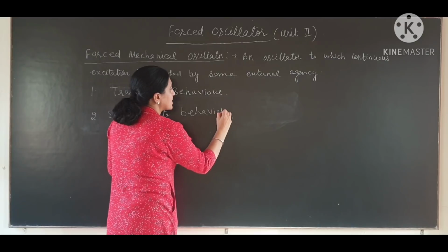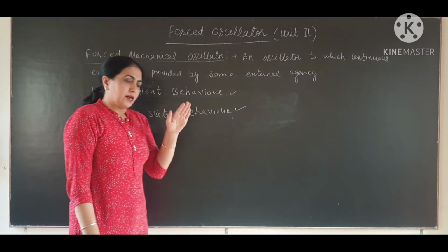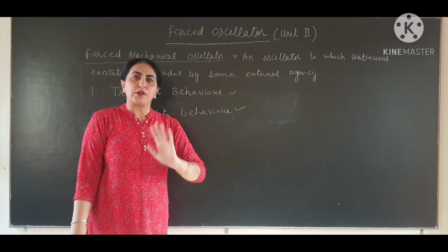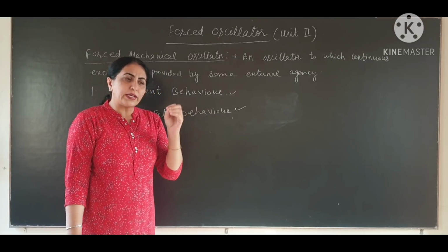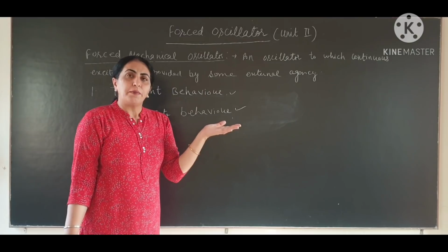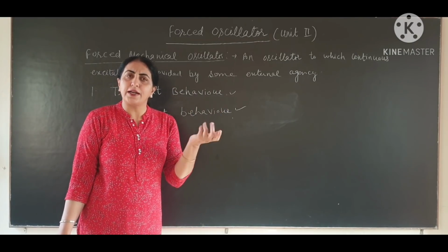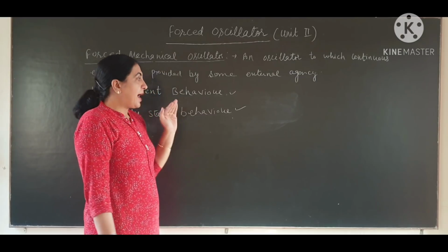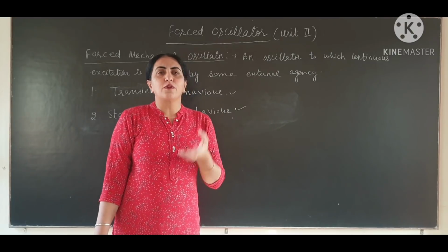So what is the difference between these two behaviors? First, suppose we have a damped oscillator and it is oscillating with its natural frequency, which we have done in the previous chapters, the natural frequency of a damped and undamped oscillator. We know that. And now we apply an external force to it.